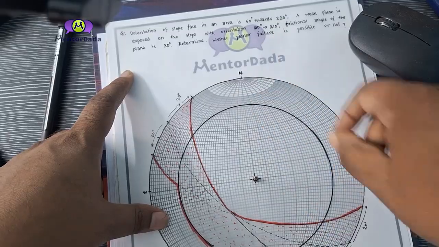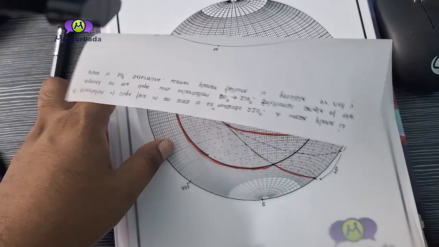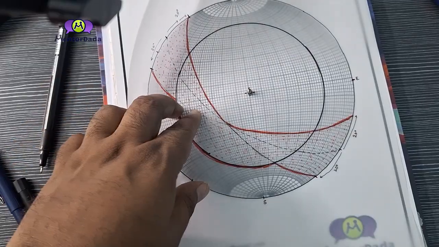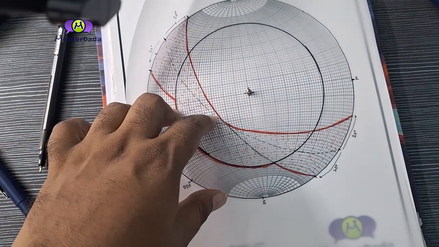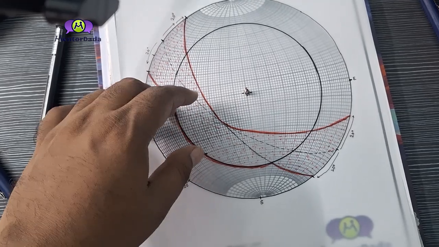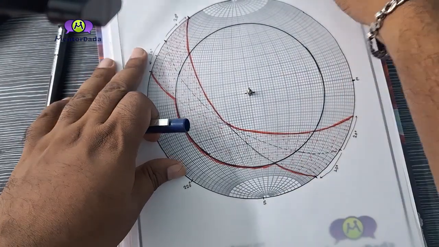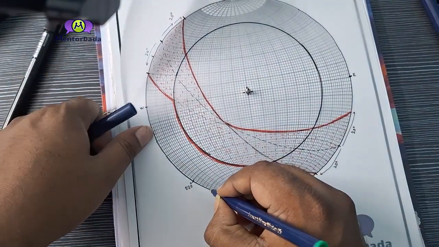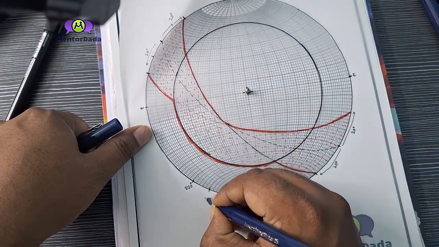Now in the given question, the mentioned orientation of the weak plane is 50 degree towards 210. So we will now draw this weak plane. 210 degree is slightly before 220, so this is definitely 210.